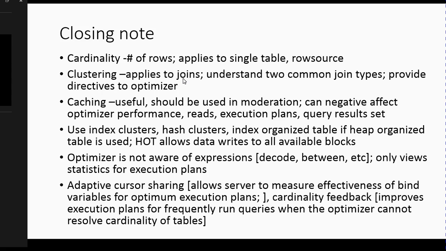The more raw data you cache into memory, basically you're telling the optimizer, hey, just focus on these statistics that I've gathered for this cached memory. So you're not really accounting for things that are unexpected.